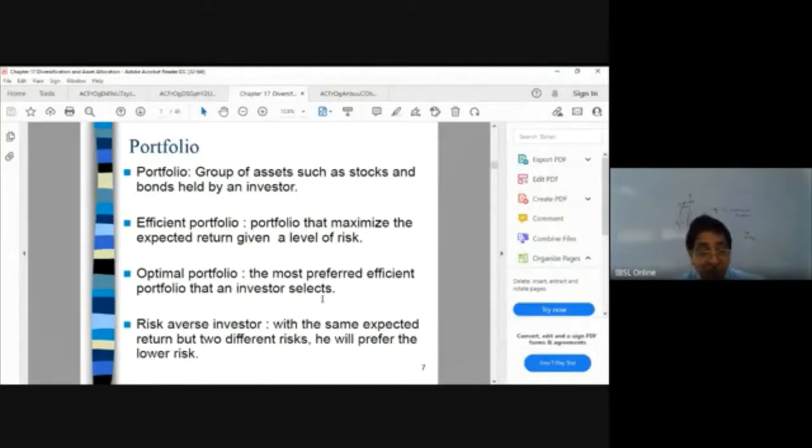Most preferred, in the sense that the preference is given by him. So it depends on the investor's selection how the optimal portfolio is selected. Then, who is a risk-averse investor? With the same expected return but two different risks, he will prefer the lower risk. Such investors are called risk-averse investors.